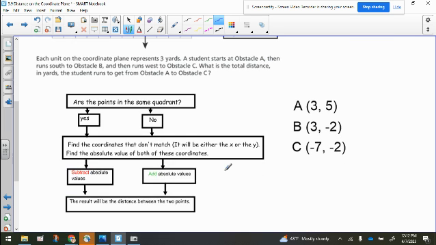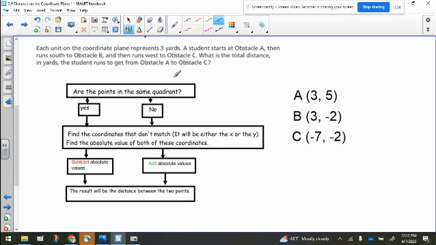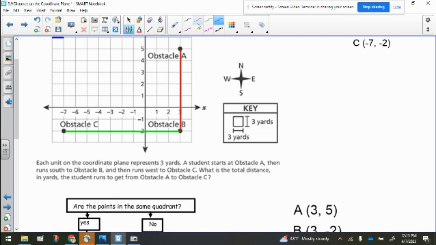I do want to remind you that in class, we talked about another way if you can remember these rules or understand them. We're going to come back to this, but we know that that's 7 units. So if it's 7 units and we multiply that by 3 because we have 3 yards in each unit, then we're going to get 21 yards going this way.